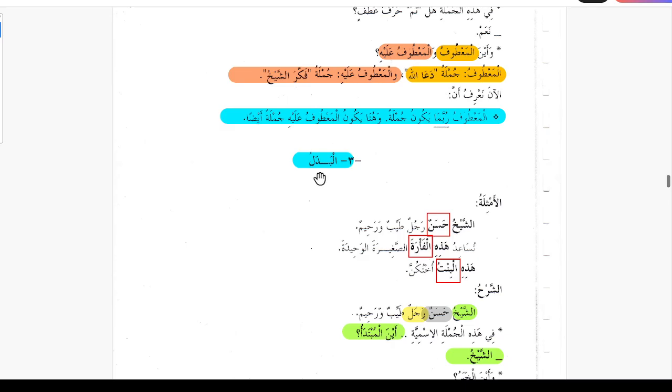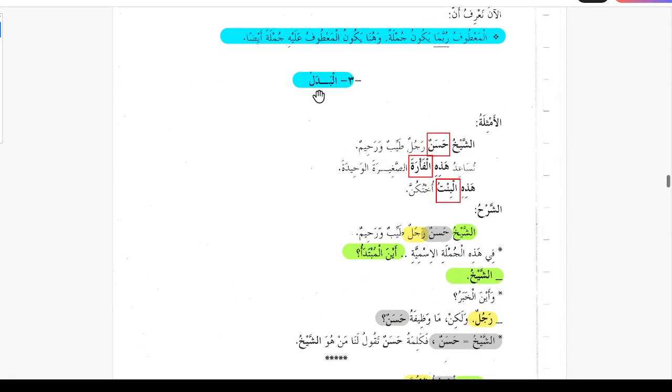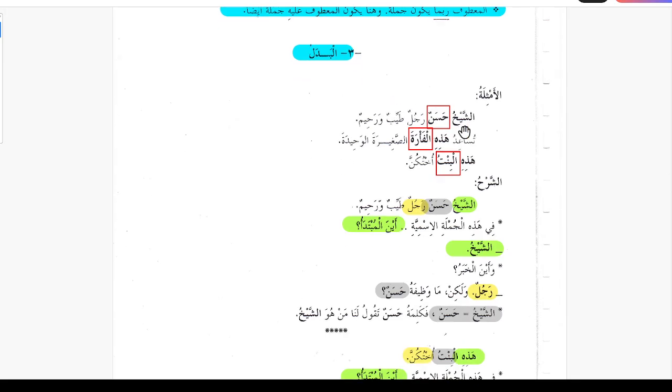Al-badal, the substitute, meaning the one taking the place of the other. This is the third of the tawabi, the followers. So al-badal is the third one. Here we have some examples.